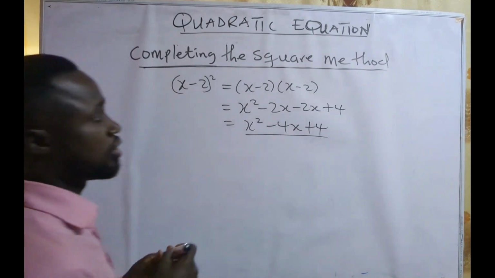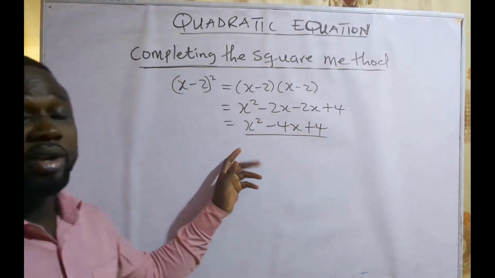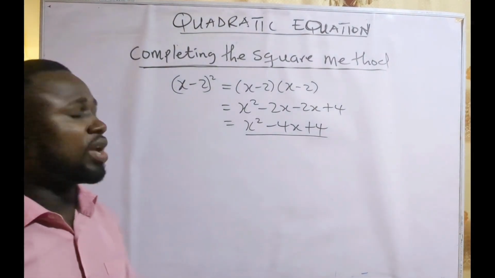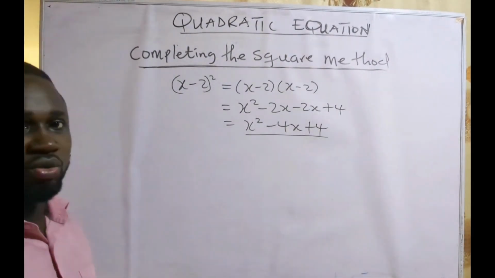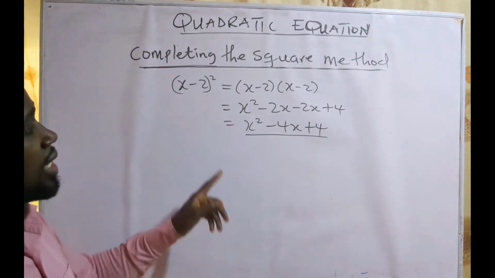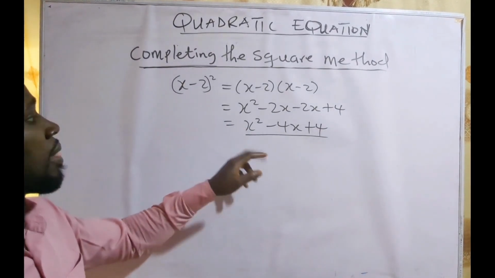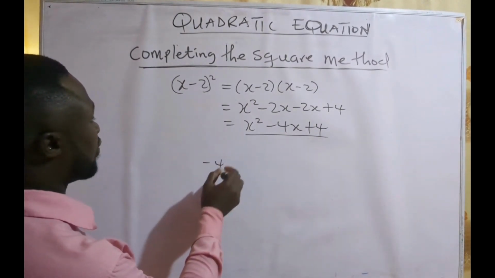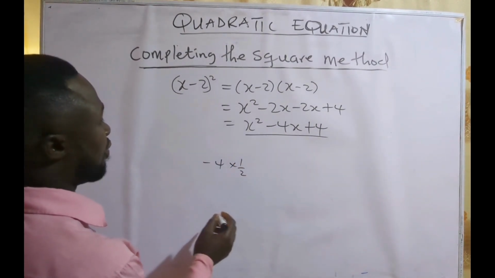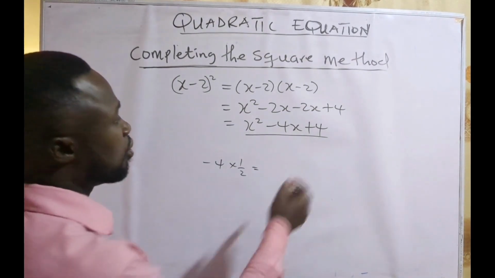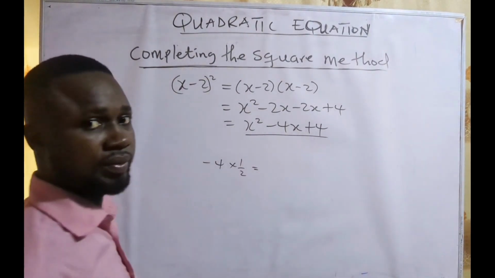So this quadratic trinomial here is a perfect square. When we have a quadratic trinomial which is a perfect square, then if the coefficient of x squared is 1, and you take the coefficient of x, which is negative 4, and multiply by half, and then square the result, it will be equal to the constant here.